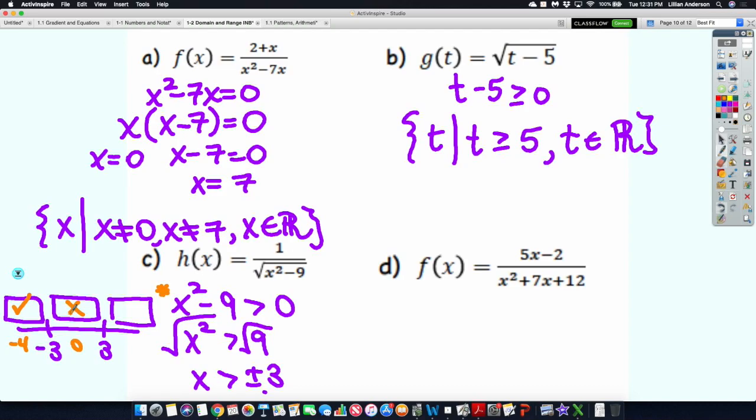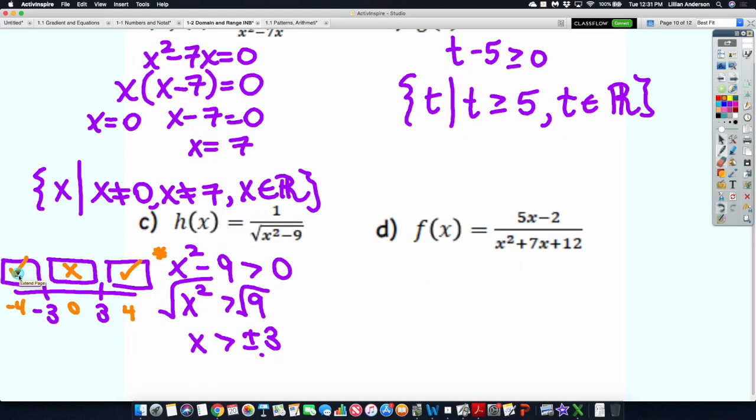What's a number greater than 3? 4. What's 4 squared minus 9? 7. Is that greater than 0? Yes. So, your domain, the values that actually make this function defined, are all your values less than -3 and all your values greater than 3. And that, my dear students, is the domain of C.